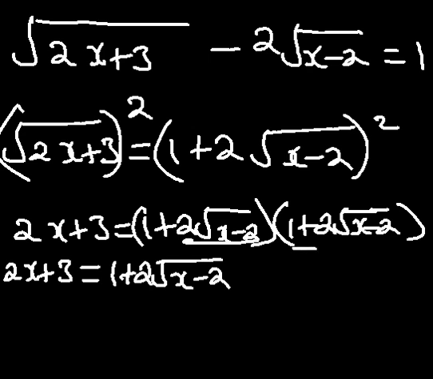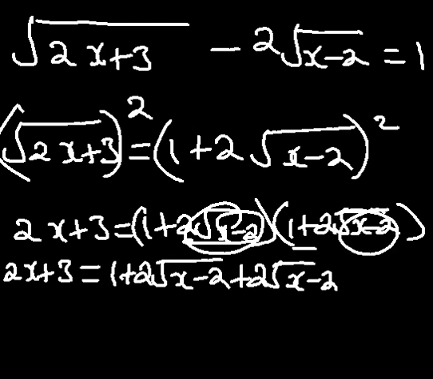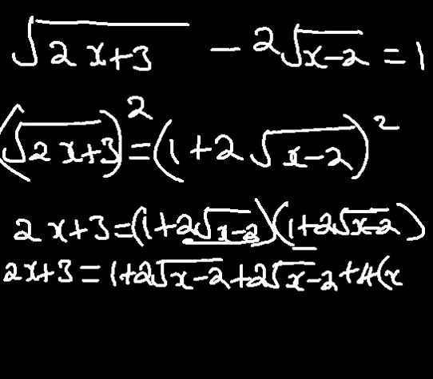Then this one times 1, we also have 2 times the square root of x minus 2. Then I'll have this times this, that will give us plus 4 times x minus 2.